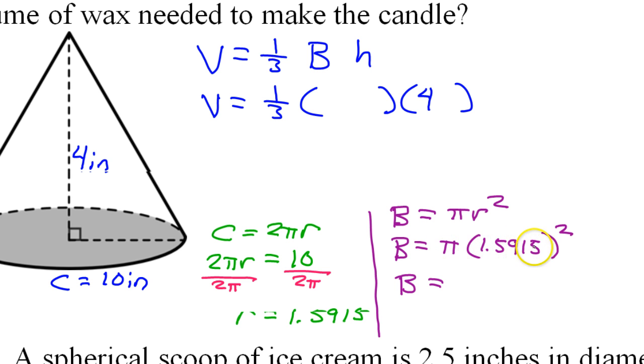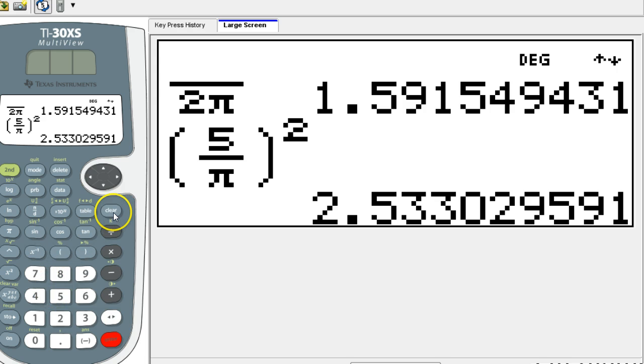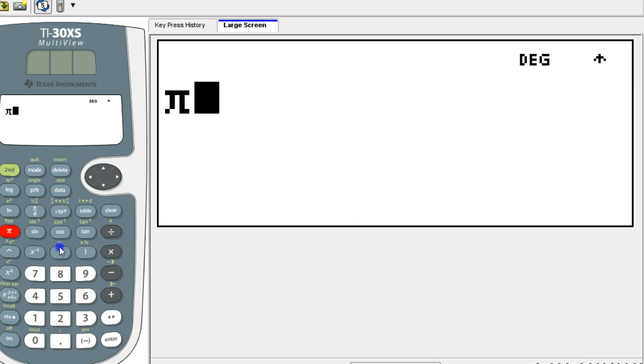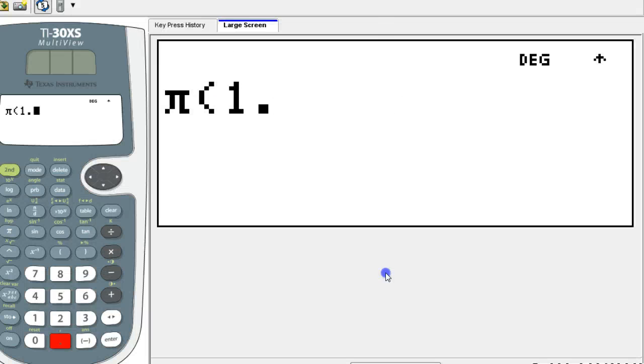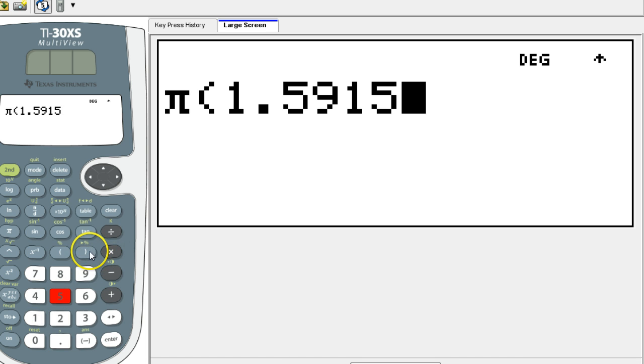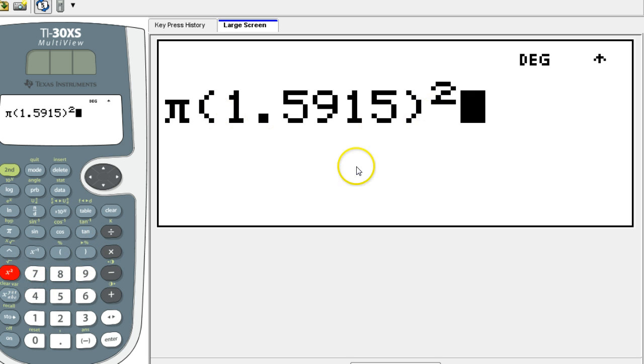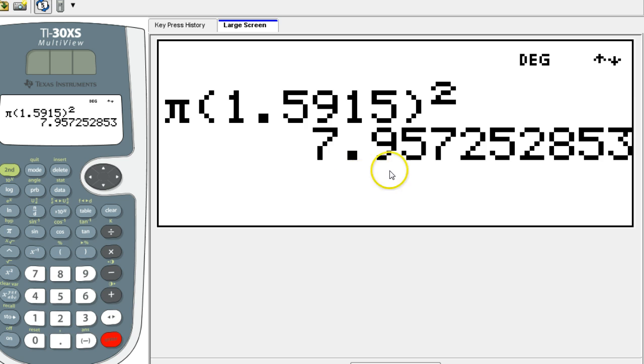So pi times 1.5915 squared. Pi r squared.